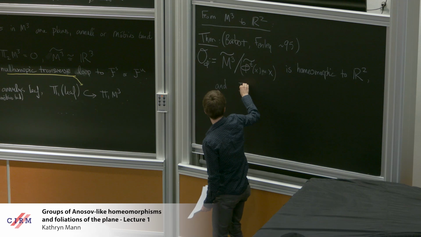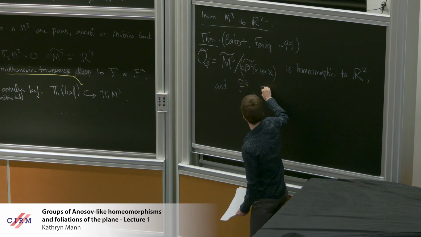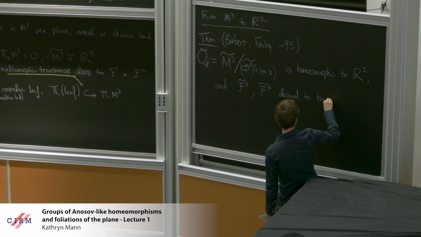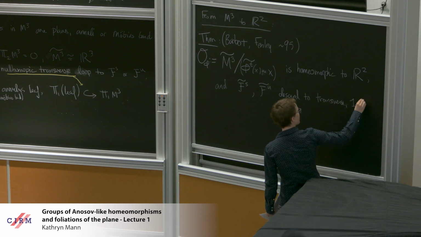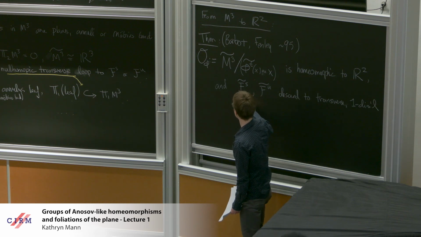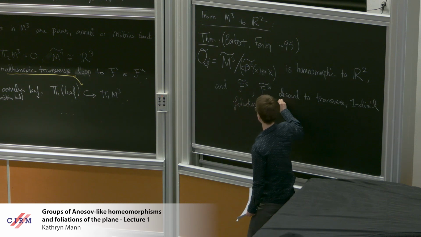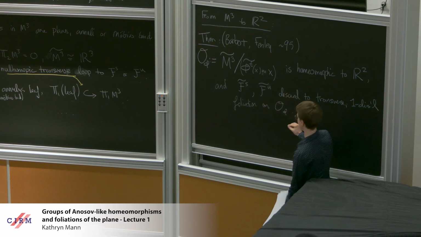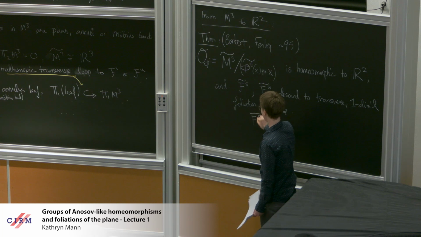And my lifted foliations on the three manifold descend to two transverse, now of course one-dimensional, foliations on the orbit space. Let's call them something I'll want later: F^s bar, F^u bar.